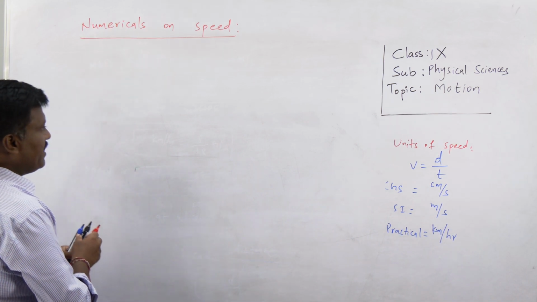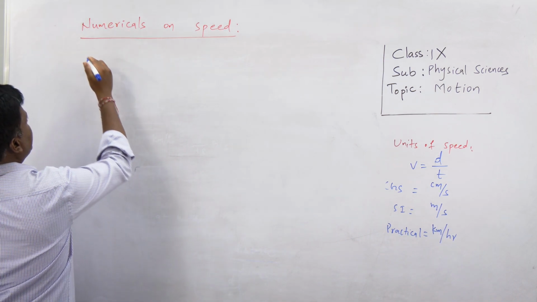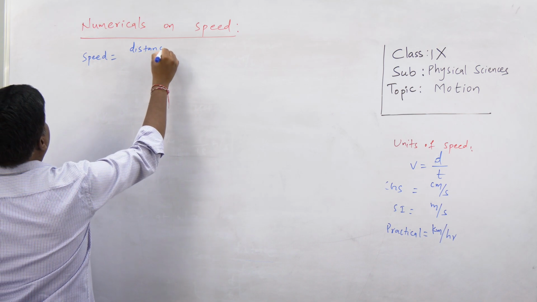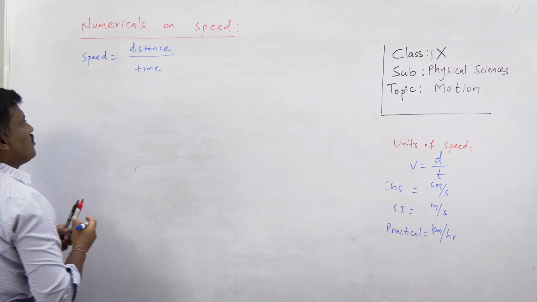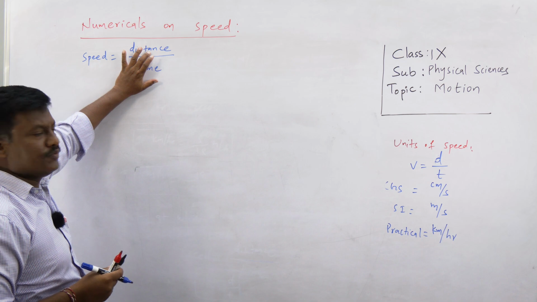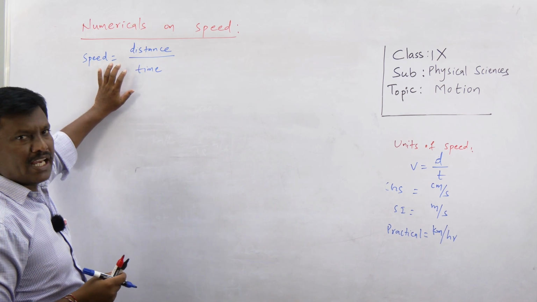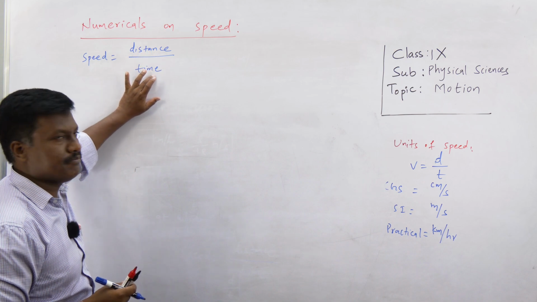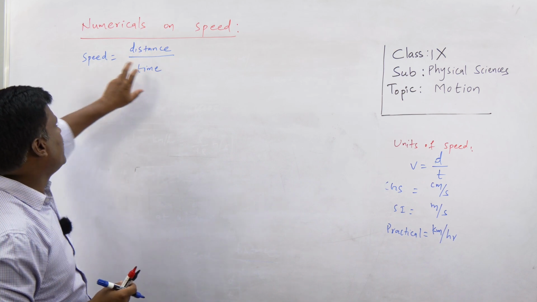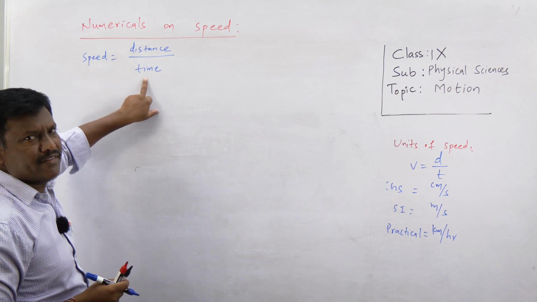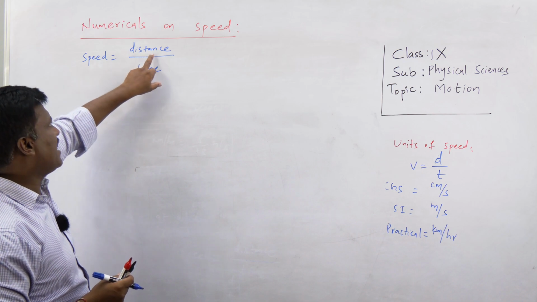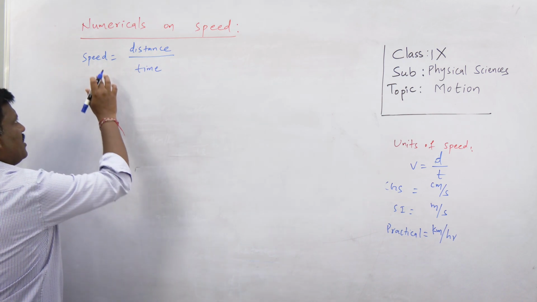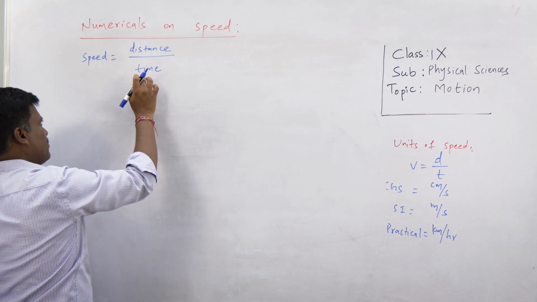What is the speed formula? Speed is equal to distance by time. They will give you the distance value and time value and ask you to calculate the speed, so use this formula. Is it clear? Sometimes speed and time will be given, and they ask you to calculate the distance. See, speed is equal to distance by time.